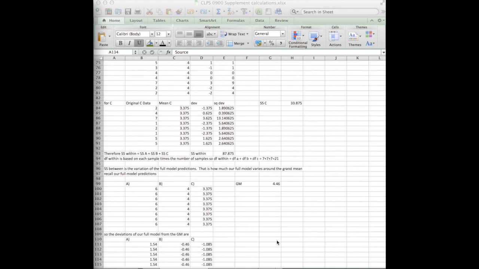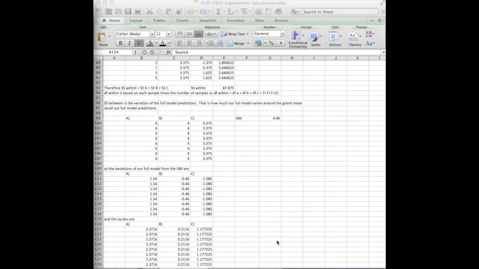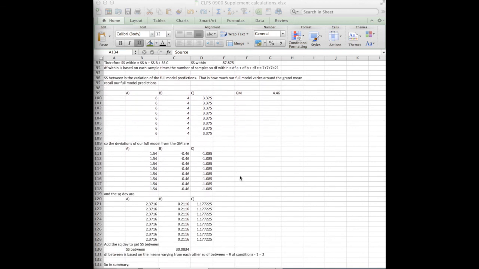And moving on, the sums of squares between term is based on the variation from the full model predictions. So to say it another way, that's how much the full model varies around the grand mean. So again, we had the full model predictions here.